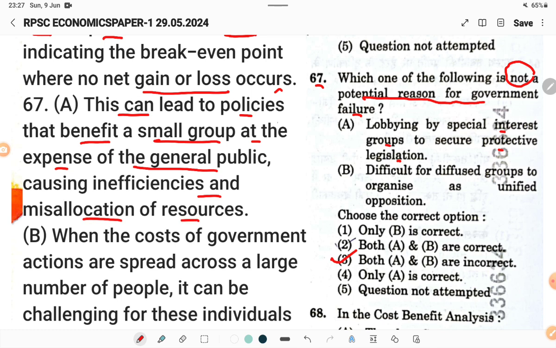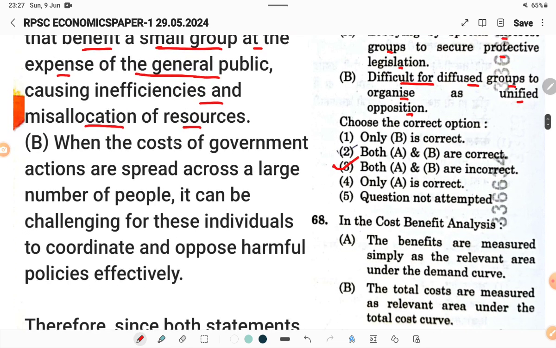And the next statement is that it is difficult for diffused groups to organize as a unified opposition. When the costs of government actions are spread across a large number of people, it can be challenging for these individuals to coordinate and oppose harmful policies effectively.